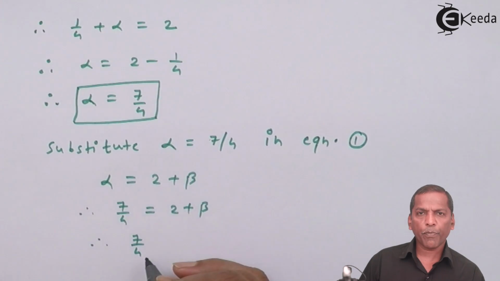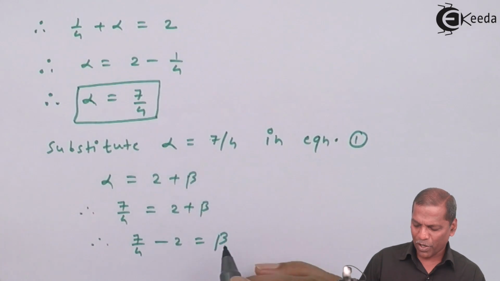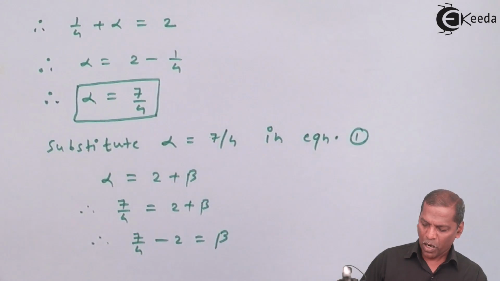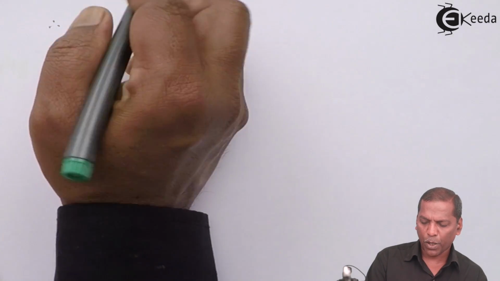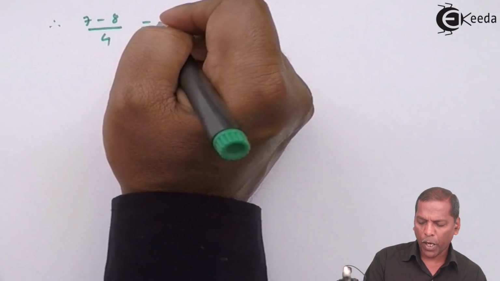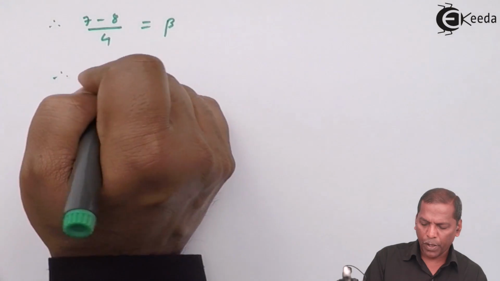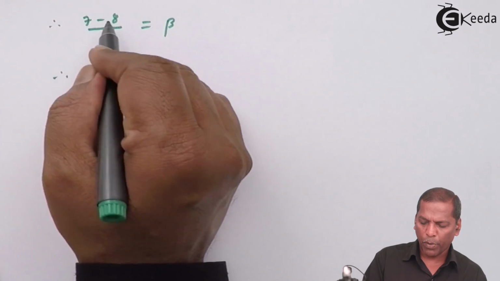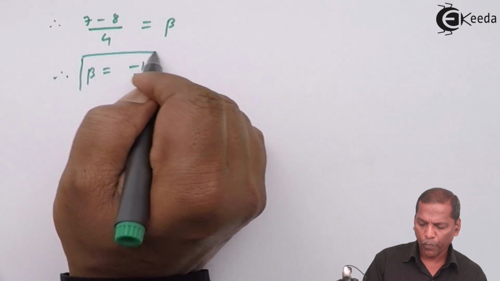Therefore 7 upon 4 minus 2 is equal to beta. Again on cross multiplying we get 7 minus 4 times 2, that is 8, the whole thing divided by 4, and that equals beta. So in this way beta is equal to 7 minus 8, that is minus 1 upon 4.